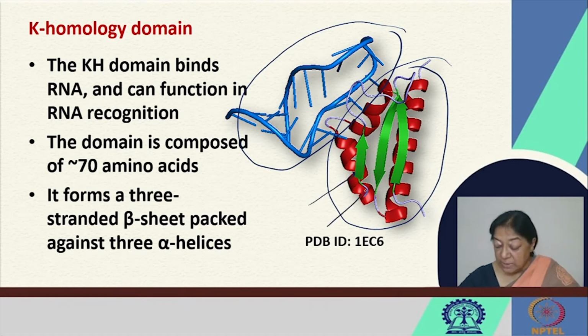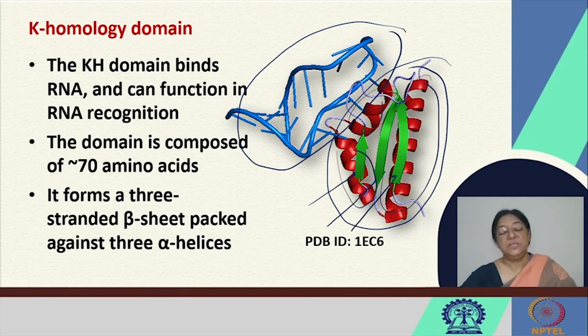The beta strands are marked in green, and the three helices that we see here are marked with red. So the specific structural motif and the way the geometry of the strands in the beta sheet and the alpha helix are located is important in the recognition motif that we are looking at.